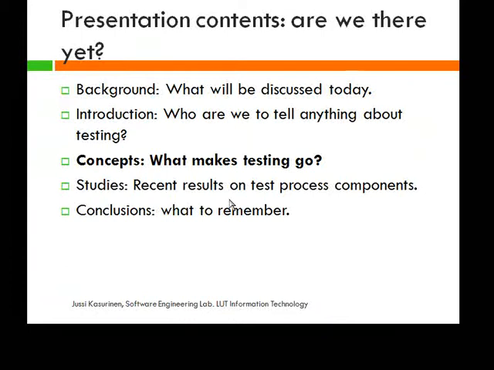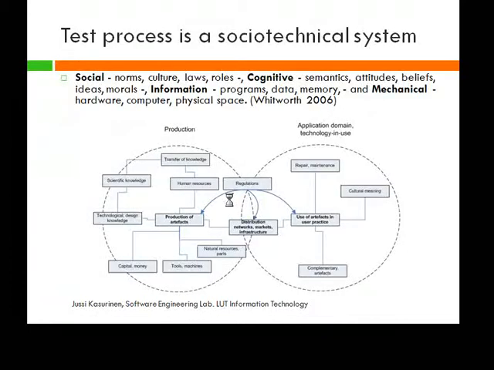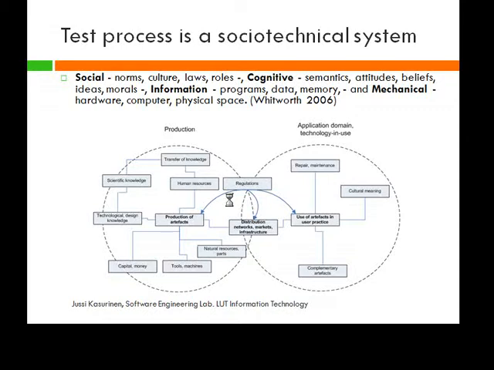So what makes testing go? Well, first of all, the test process is a socio-technical system, meaning that it's not completely definable by one aspect, such as application of mechanical tools or automation, nor is it completely a social activity. It has information. It has several actual products in it.